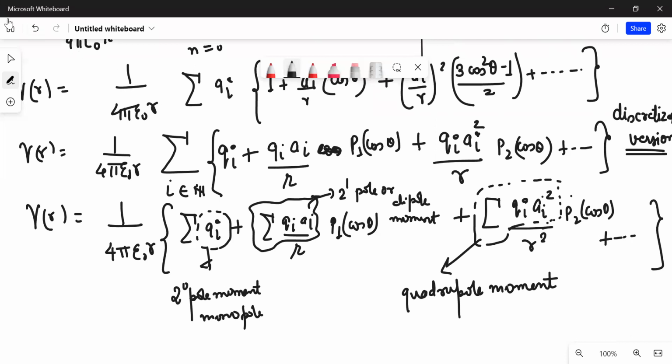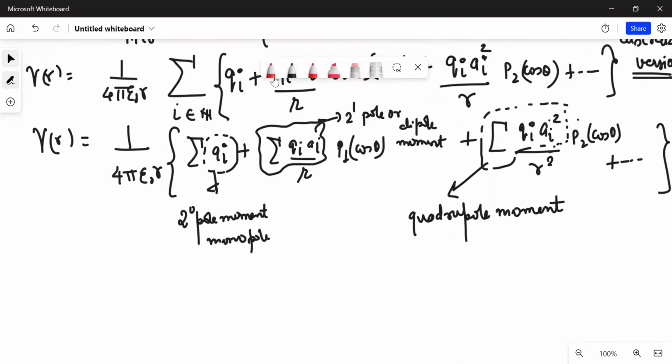ओके, गुड इनफ. अब देखो, अगर इसी चीज को मैं लिखना चाहूँ, थोड़ा ध्यान से देखते हैं. This is r square. अगर ये r अंदर ले लिया तो this is r की power 3, I guess. So what I'll do, if I want to write my potential, I will write it as summation n equal to 0 to infinity.